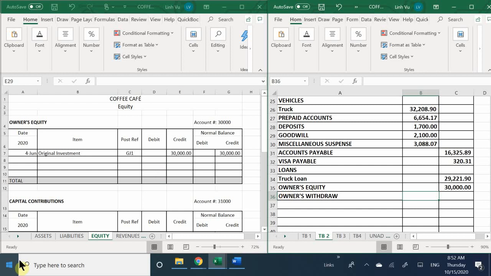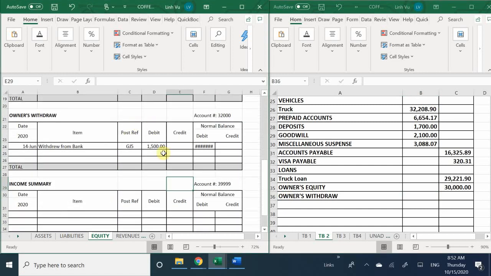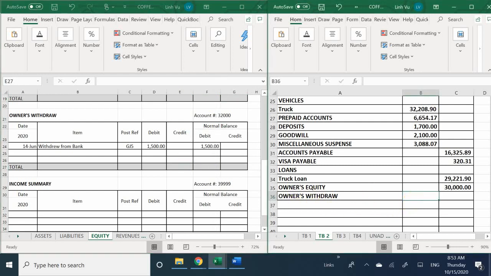And remember, when we had an owner's withdrawal, we placed it on the debit side because it is a contra account to owner's equity, right? It reduces owner's equity. Okay, and we debited it by 1,500.